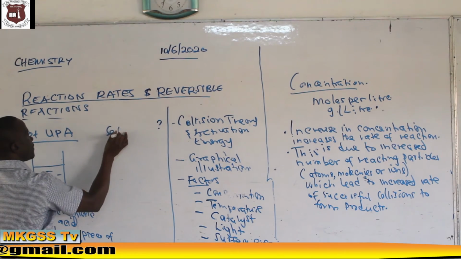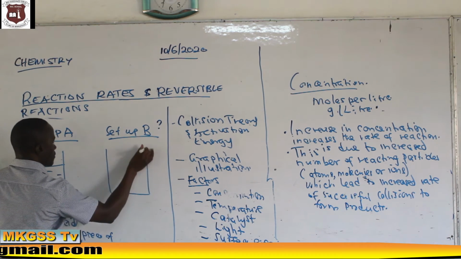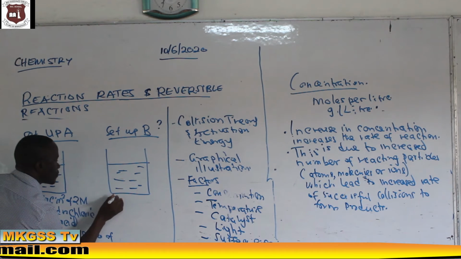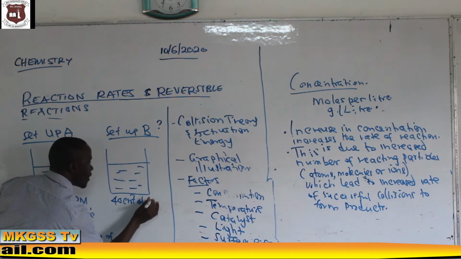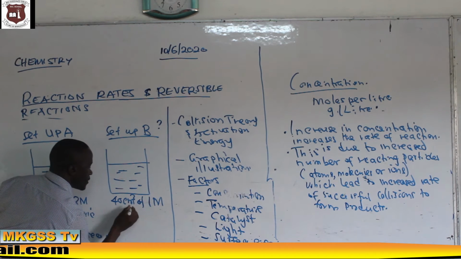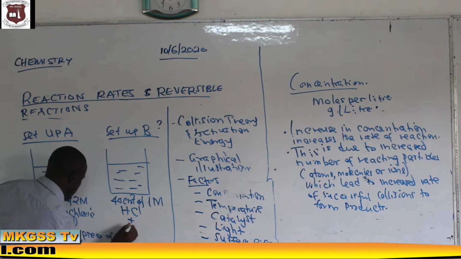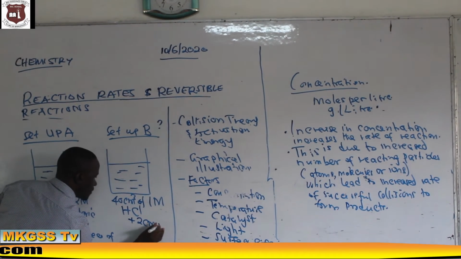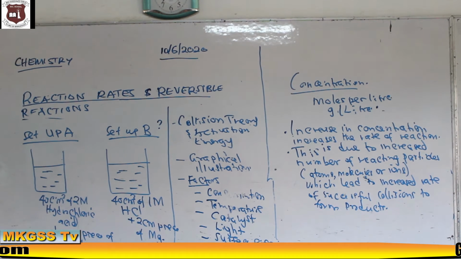And then we have setup B, also having 40 cubic centimeters, but now 1 molar hydrochloric acid plus a 2 centimeter piece of magnesium ribbon. So assuming this is the magnesium ribbon.